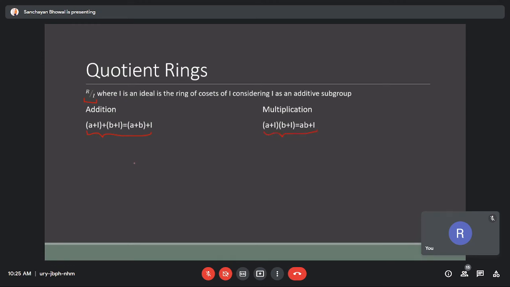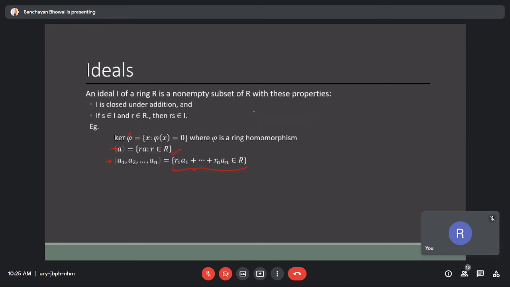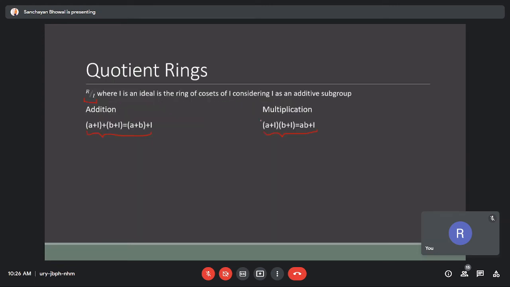Now you can see why did we need to define ideals in this odd fashion? Why do we need this? Because we want that if I multiply A with I, what does that mean?